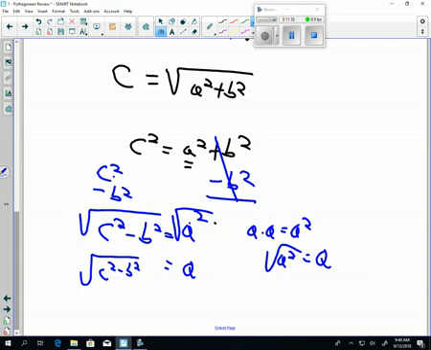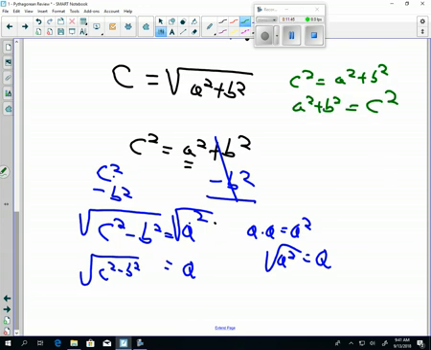And you can do the same thing for b. By the way, I can write it like this too. I can just switch sides. That's the same thing. You all agree? It doesn't matter which side you want, as long as you don't lose any of the numbers or the unknowns.